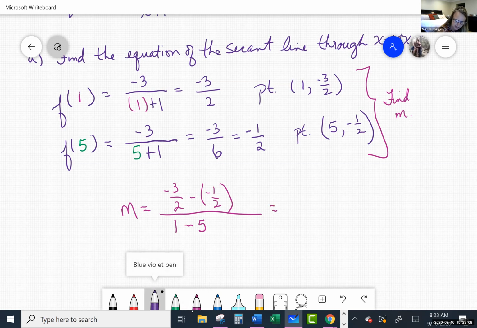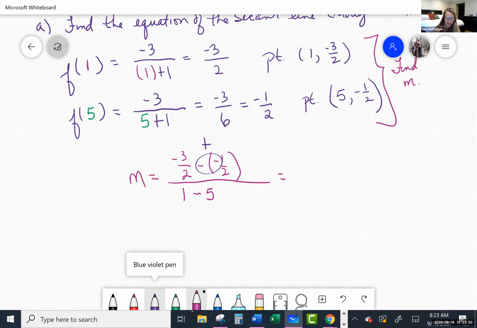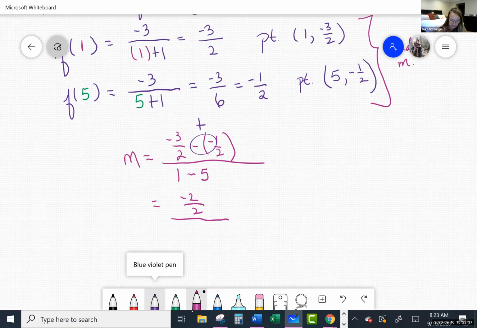But minus a negative is really addition. We already have a common denominator in that numerator, and so we get -3/2 plus 1/2. Adding fractions, you add the numerators and keep the denominator the same. You can only add them if they have a common denominator. So -3 plus 1 is -2 all over 2. And this is all over 1 minus 5, which is -4.